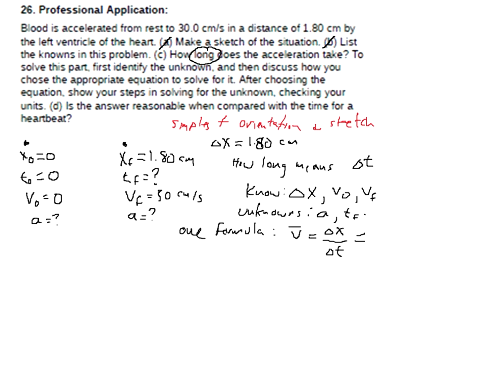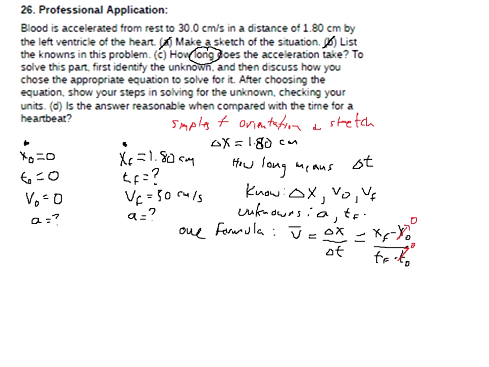And if we plug in from above, that's x final minus x initial over t final minus t initial. Well, we said that this was 0. This was 0.